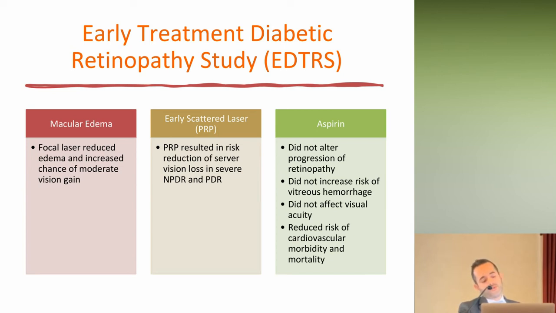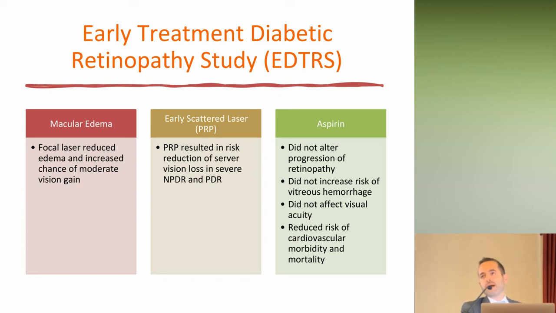This study also proved that patients with severe NPDR or early PDR, when treated with PRP, have a reduction in the risk of severe vision loss. And we also learned a few ancillary things that are interesting, but we don't really talk about very much. One was the effect of aspirin. Aspirin doesn't really alter the course of diabetic retinopathy.